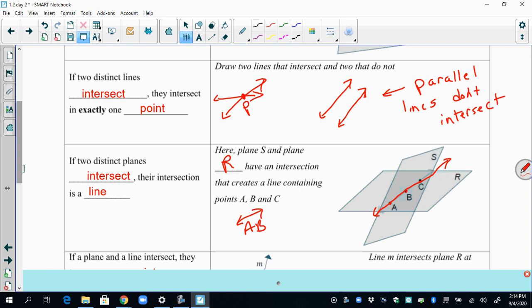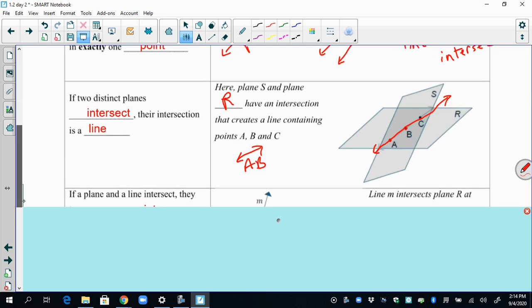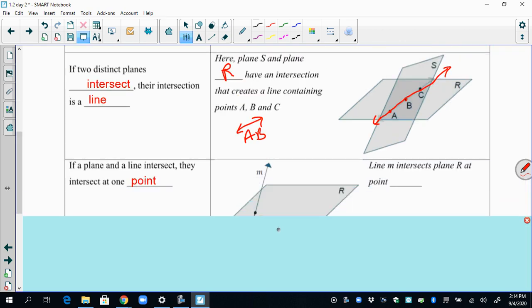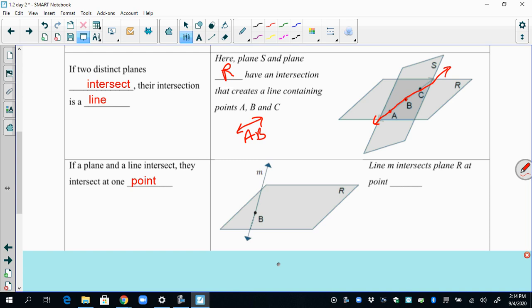If a plane and a line intersect, they intersect at one point. So in this drawing, if you think of plane R being a piece of paper, and you can imagine this line M being a pencil that goes down through the paper.